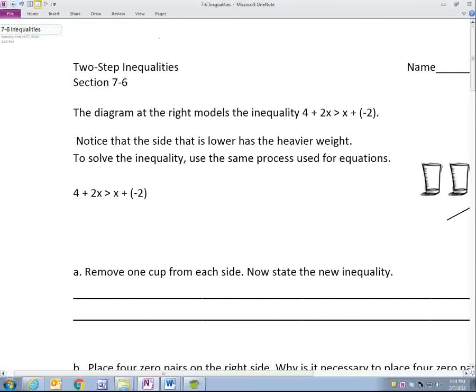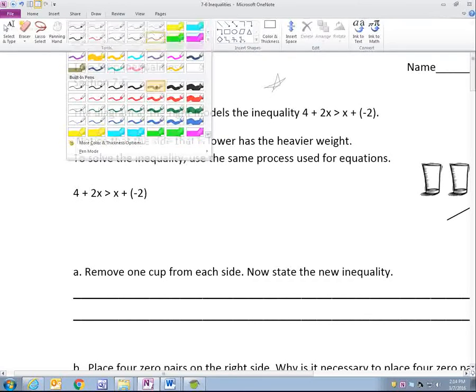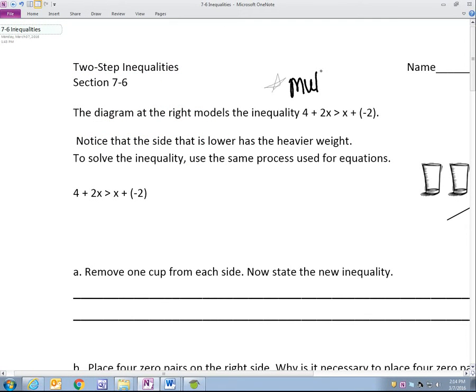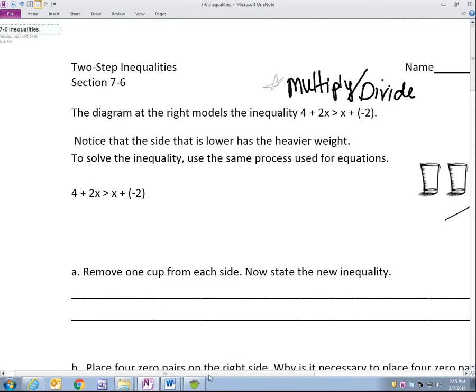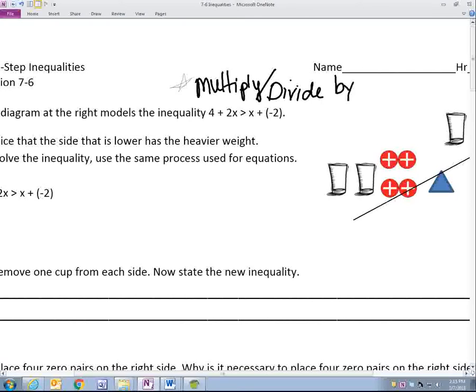When you multiply or divide by a negative, flip the sign.